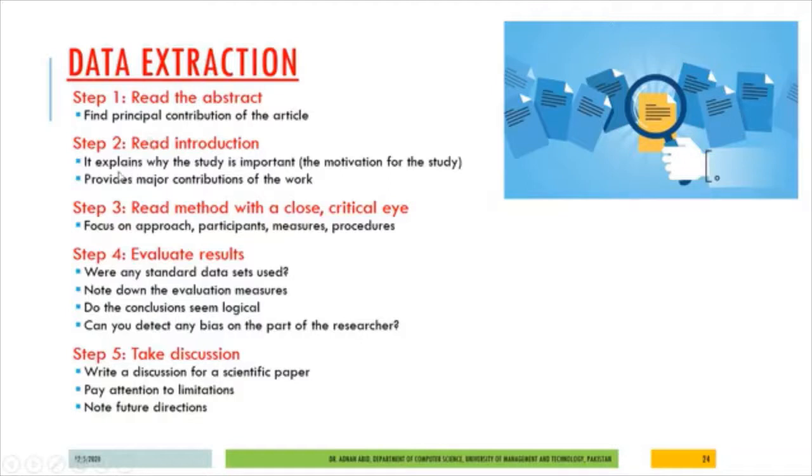So I would encourage all the new researchers to read the introductions very carefully, and this will actually help you write your introductions in a very sophisticated manner as well. And then the methodology and the results, as I explained in the previous slide, with the help of operating parameters and evaluation measures.